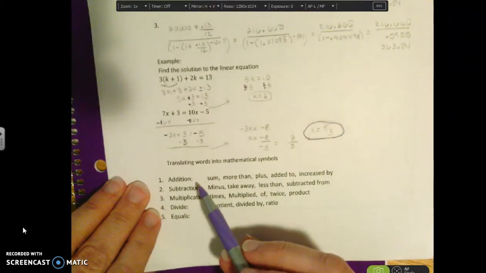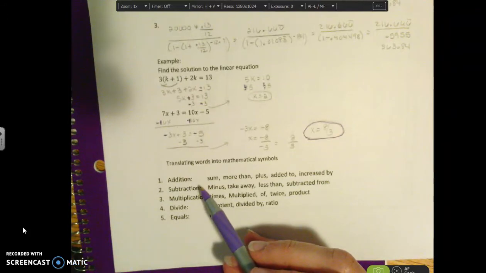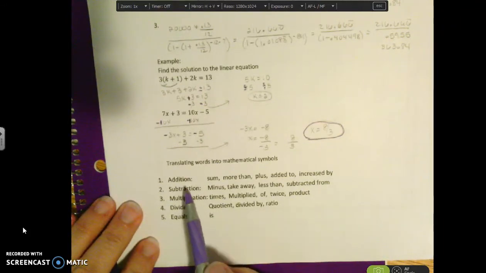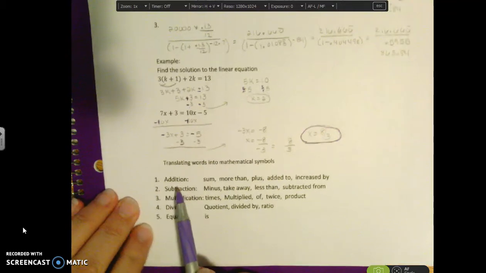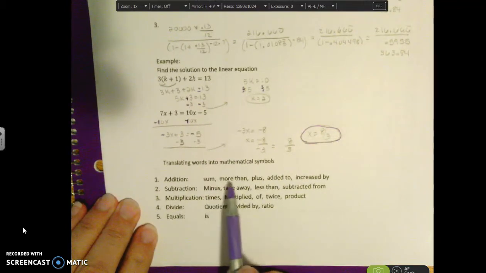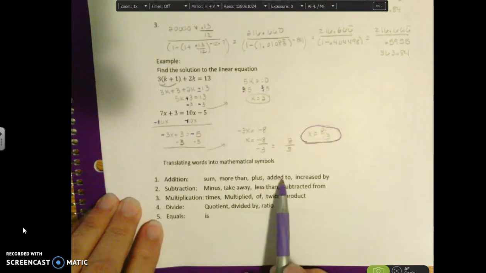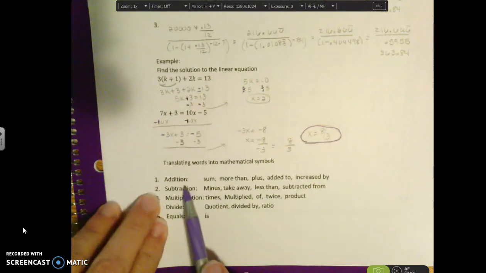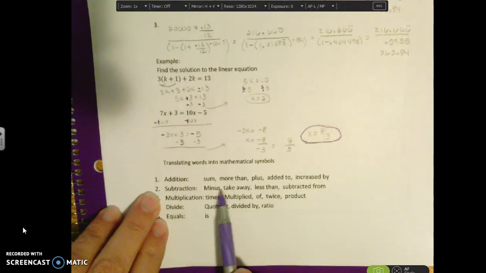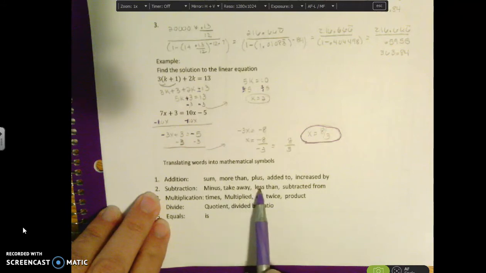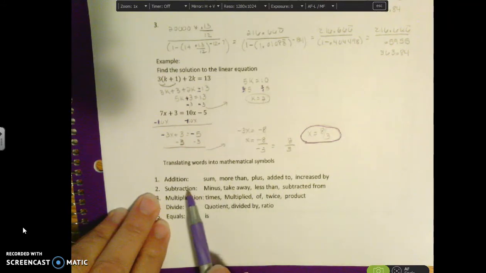So the last thing that we do is we're going to be writing equations for problems. So some of the key words that you're going to see are like the words sum and more than and plus and added to and increased by all mean addition. Minus, take away, less than, subtracted from, that all means subtraction.